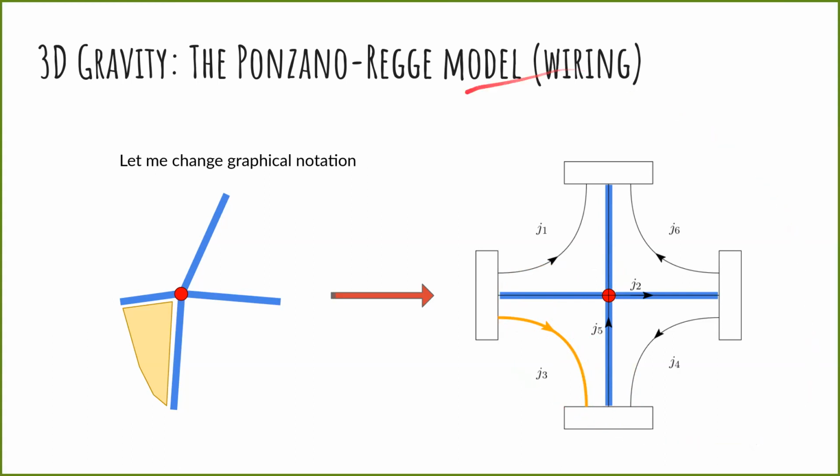So this whole vertex is a tetrahedron, each box is a triangle, and each wire here is a segment. Ignore for the moment the spins that I put here. I just copy-pasted this picture from the next slide, and I forgot to take out the labels.